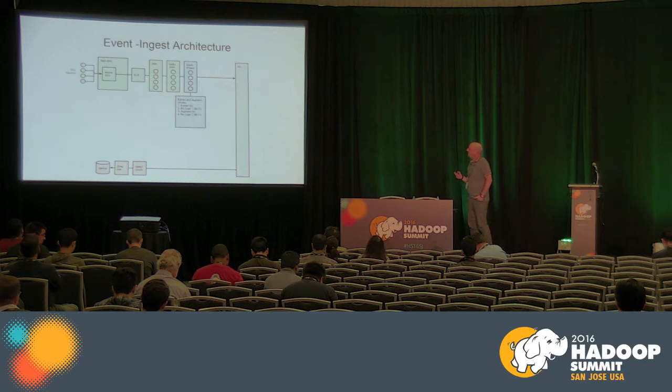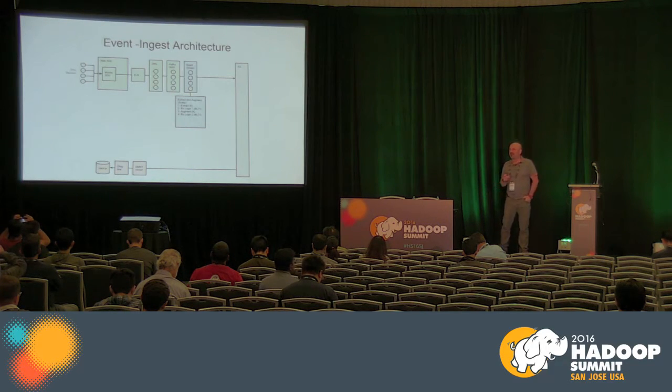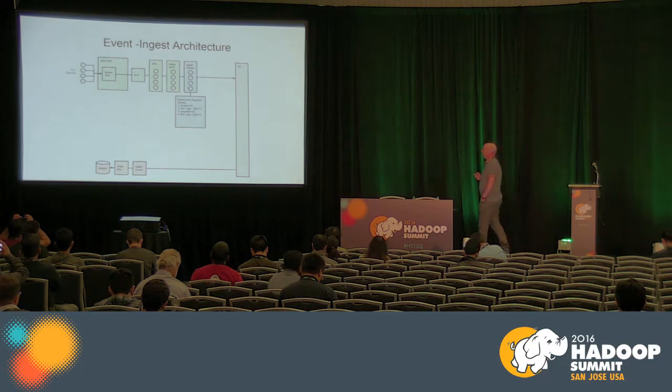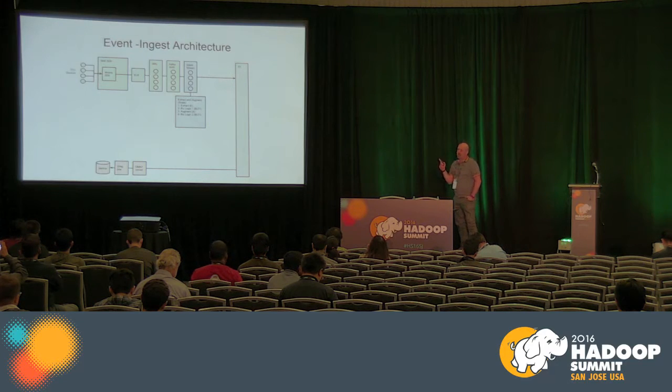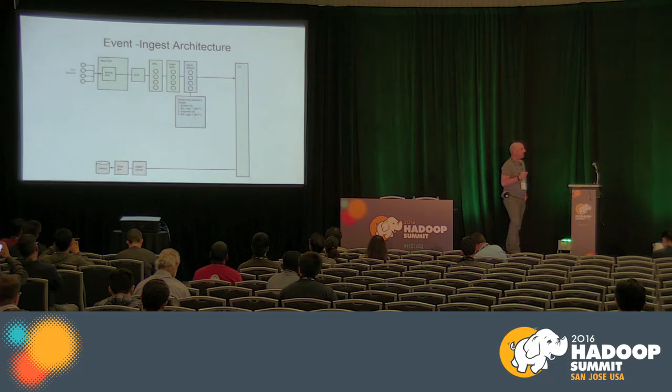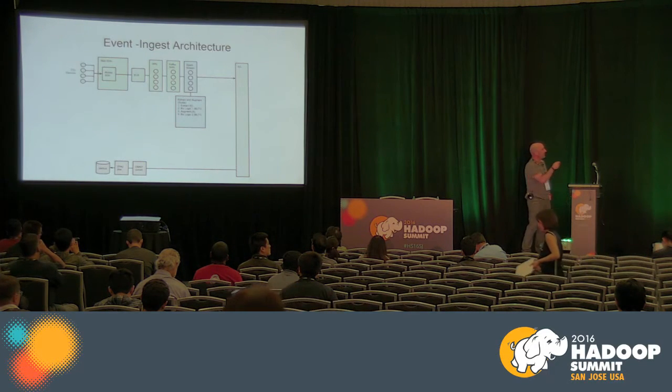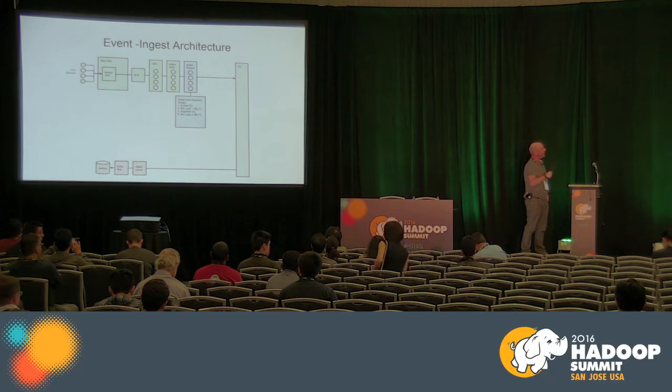All right, here's an example of one particular ingest pipeline for the event processing pattern. So this is for our TurboTax mobile and tablet devices. You see on the top left, the green dots are different devices on the internet.